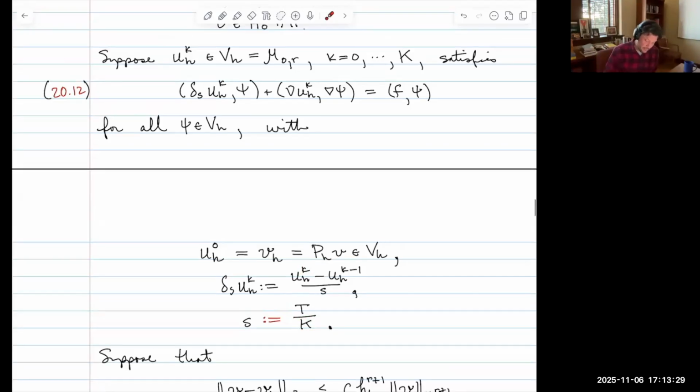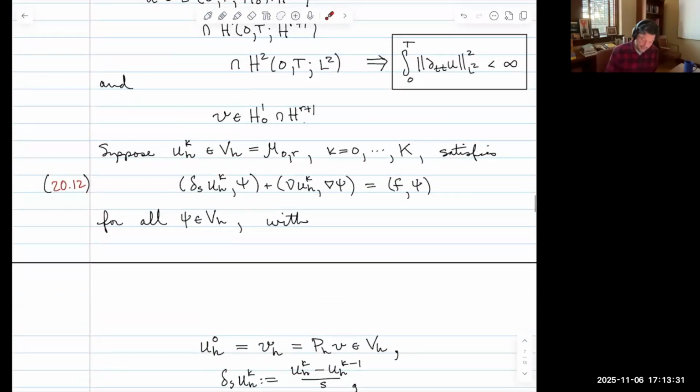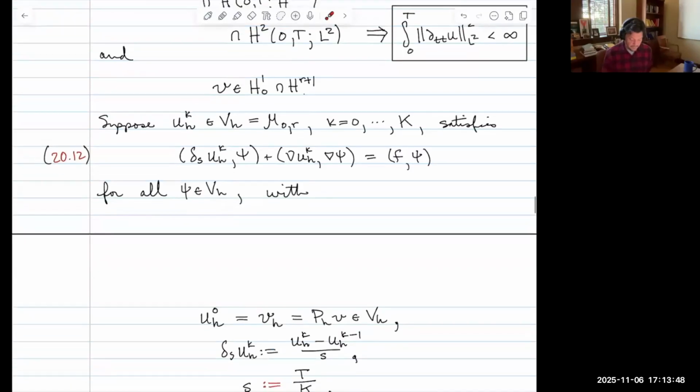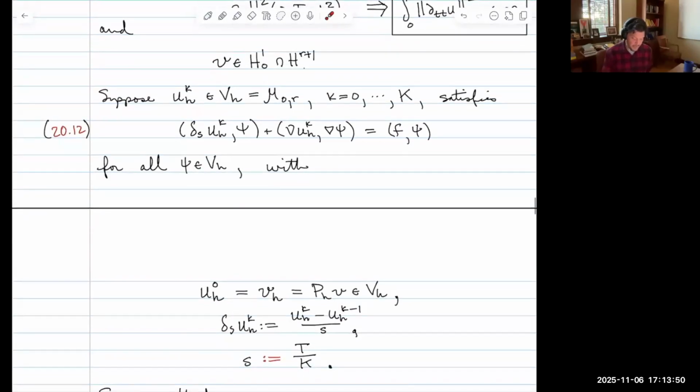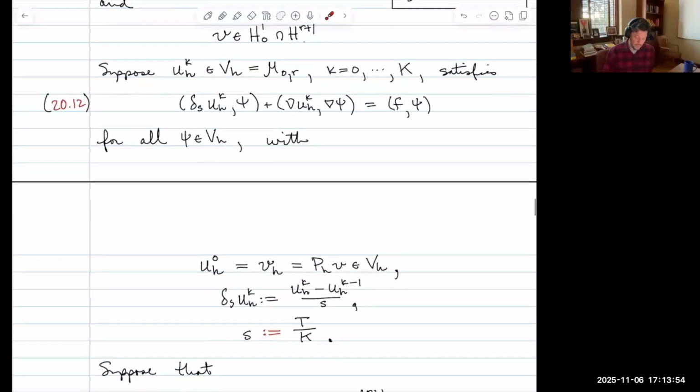Now, capital K is the total number of time steps that I want to take. So I'm looking for this function U_h^k from little k equals 0 up to capital K, satisfying this equation. Of course, if it's the Galerkin method, then the test function is taken from the finite element space. And the finite element space here is the usual standard piecewise polynomials of degree r.